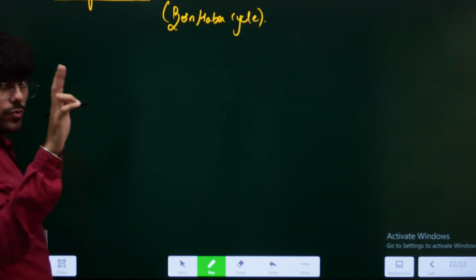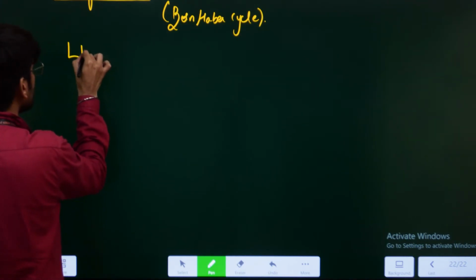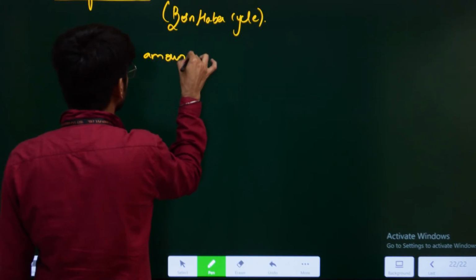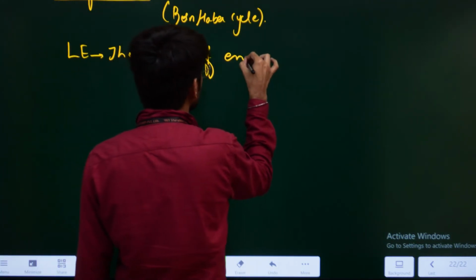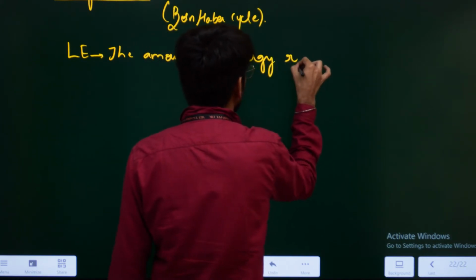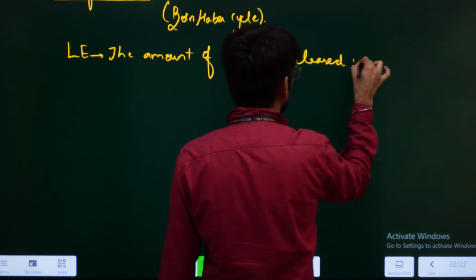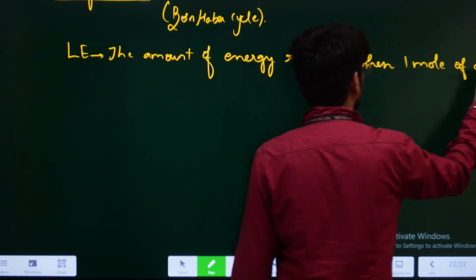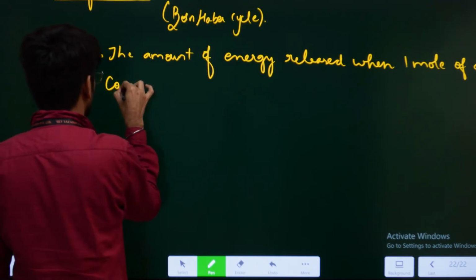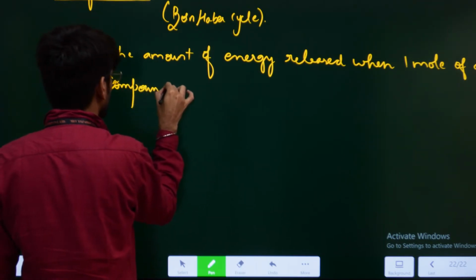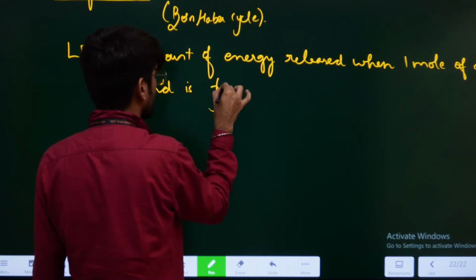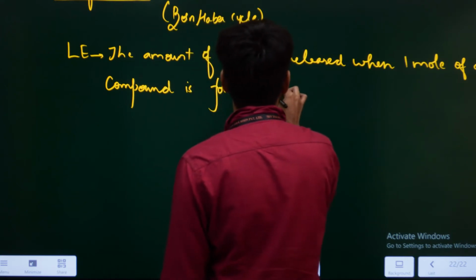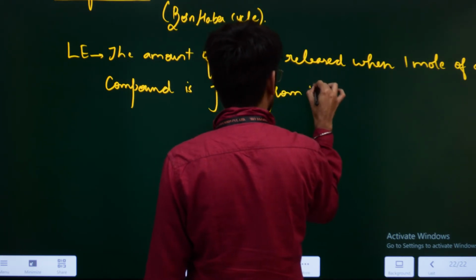Before that, I want to tell you one thing. Lattice energy, we have already seen the definition, I am writing it again: the amount of energy released when 1 mole of a compound is formed from its constituents.